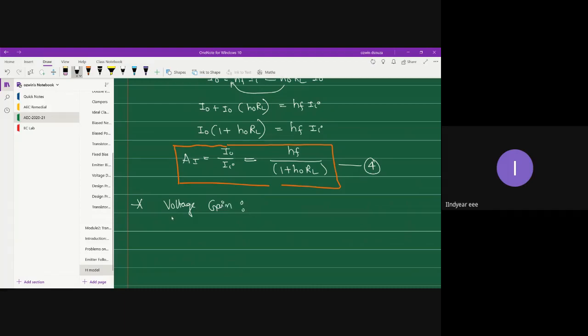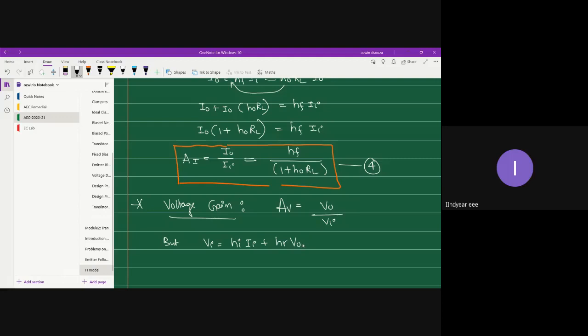By definition, voltage gain is output voltage to input voltage. But we have a ready-made equation for input voltage from the H parameter model: Vi is Hi II plus HR V naught.